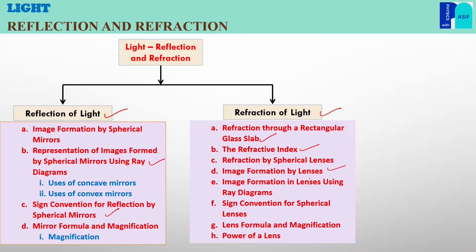That means how the properties of the image change with respect to the position of the object. And then the sign convention, the lens formula and magnification, and finally we will understand the concept of the power of a lens. So overall in this chapter, we explore two key phenomena, that is reflection and refraction, using spherical mirrors and spherical lenses respectively.